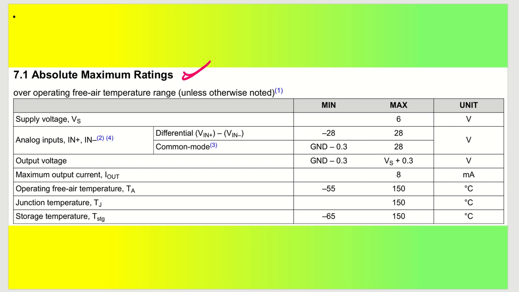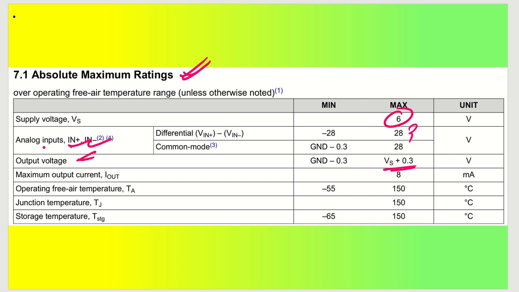Any ICs that we have been studying in our sessions, whether it is an amplifier or diode or any other IC, let's say a regulator or microcontroller, we always have maximum ratings. So for the maximum ratings, the supply voltage can go up to 6 volt. The analog inputs can take up to plus minus 28 volts. Okay, the output voltage can go to Vs plus 0.3.